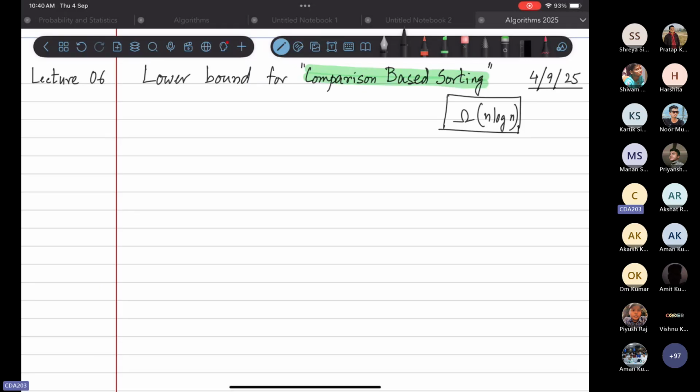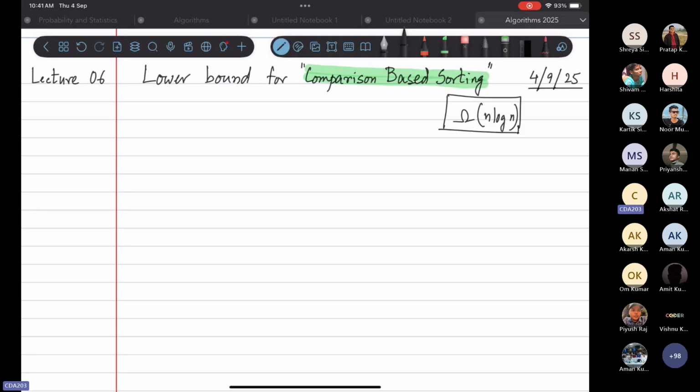So the lower bound for the sorting algorithm would be n log n. That means there does not exist any comparison based sorting algorithm that runs better than n log n time. Now, what do I mean by comparison based sorting?